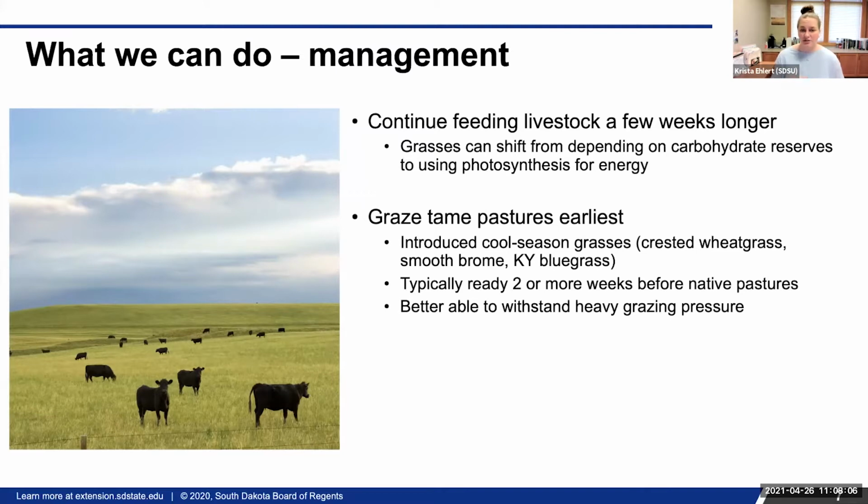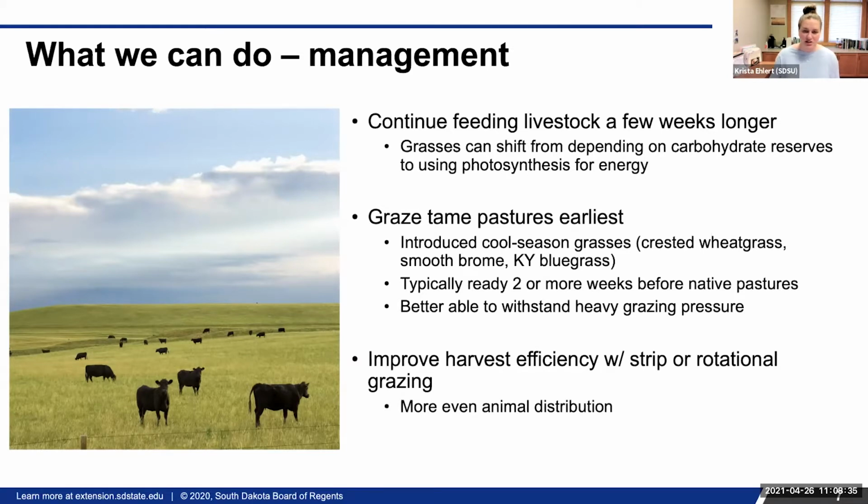If you have tame pastures, you want to graze those the earliest. So these pastures are going to be those introduced cool season grasses like crested wheatgrass, smooth brome, and Kentucky bluegrass. Those introduced cool season grasses are typically ready 2 or more weeks before our native range in South Dakota, and they are better able to withstand heavy grazing pressure.